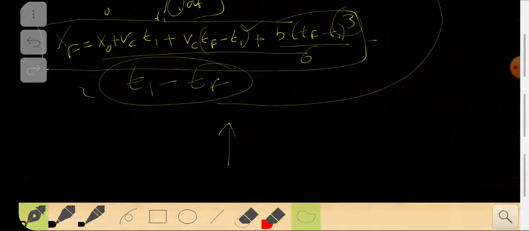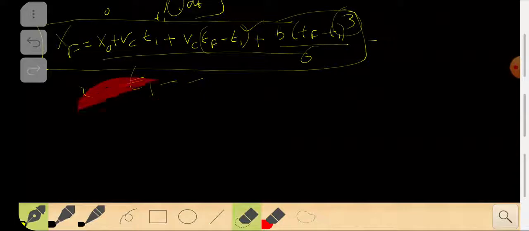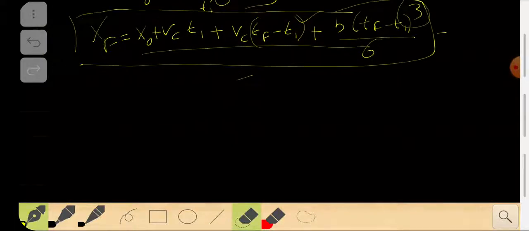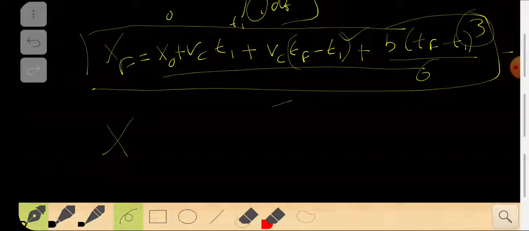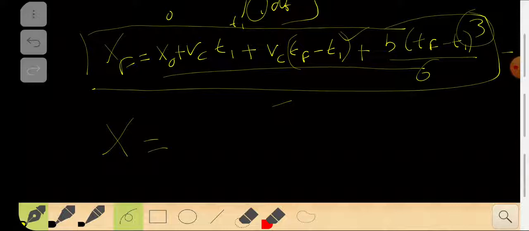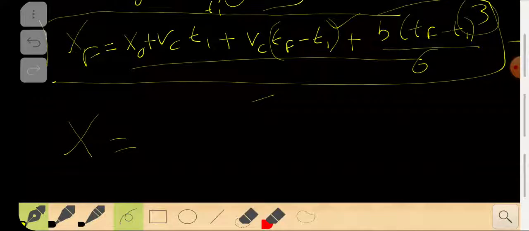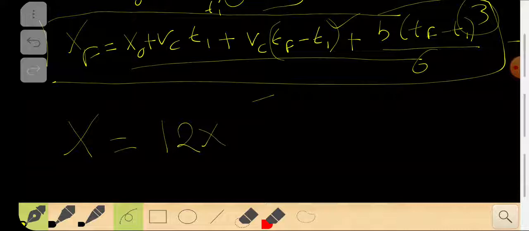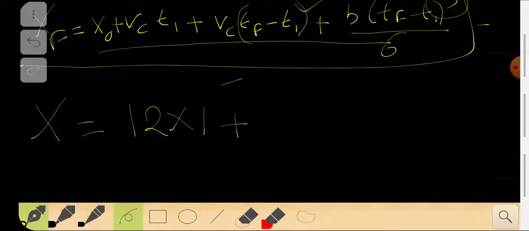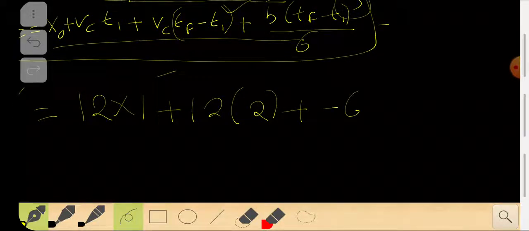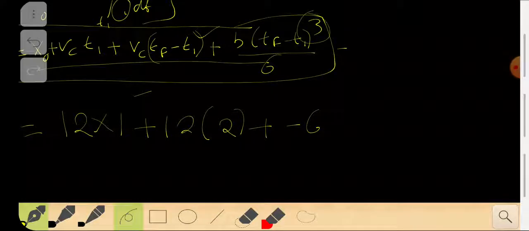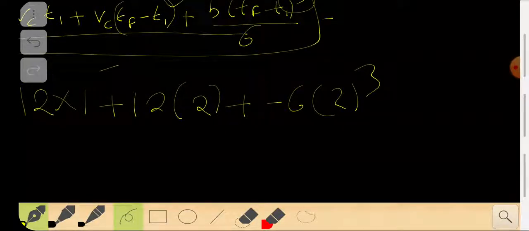Now I can substitute the values of each of these and find out the total distance. So distance will be x0, which is 0, we start from the 0 point, times vc, which is 12, times t1, that is equal to 1, plus vc, which is again 12, times tf minus t1, which is 2, plus b, which is minus 6, times tf minus t1, which is again 2, so 2 cube, divided by 6.